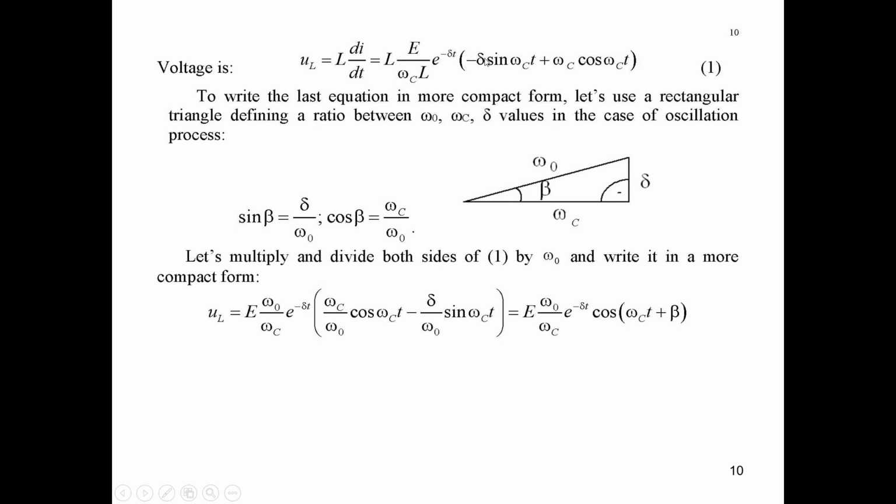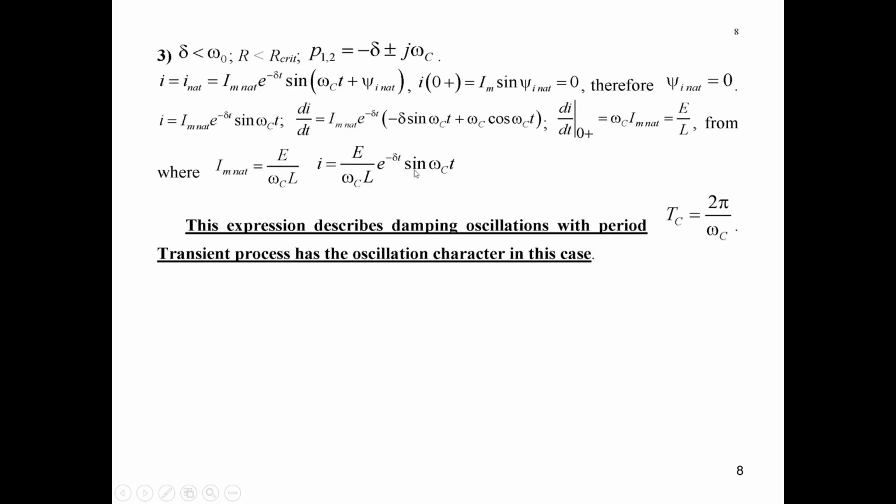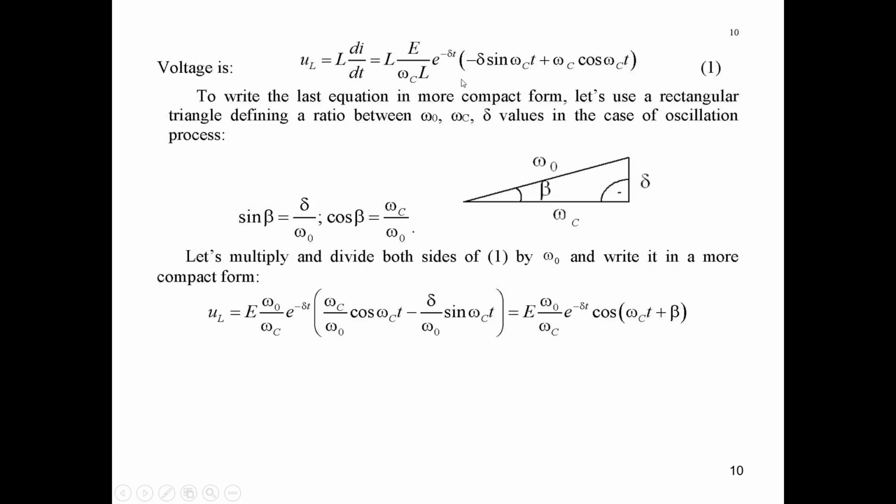It is here, minus delta sine omega c t. Then the derivative of the second coefficient: the derivative of sine is cosine omega c t, multiplied by omega c, the derivative of this argument, and this coefficient will be before these brackets, omega c multiplied by cosine omega c t.